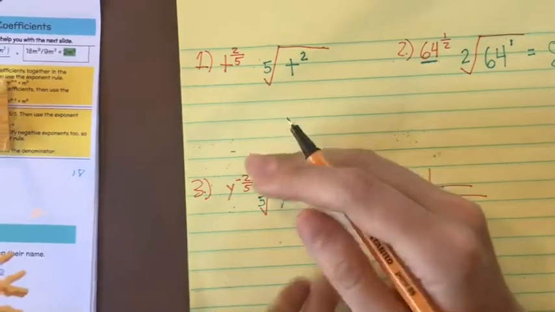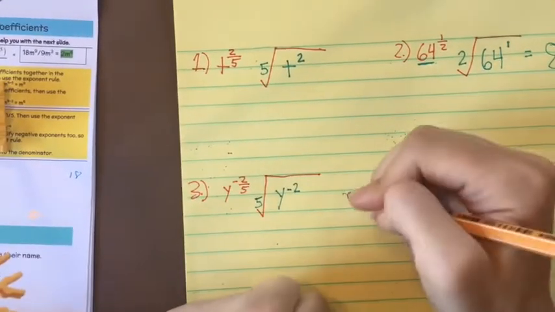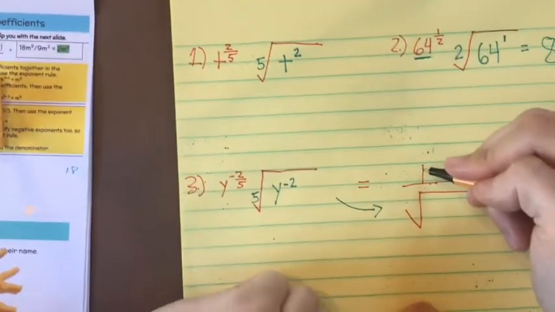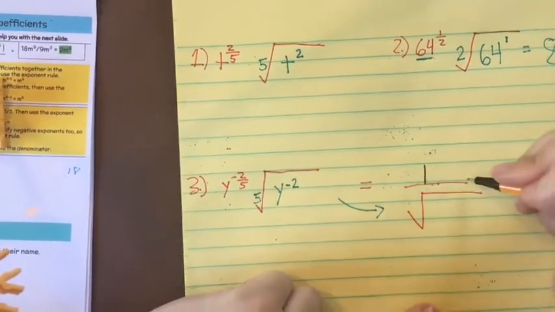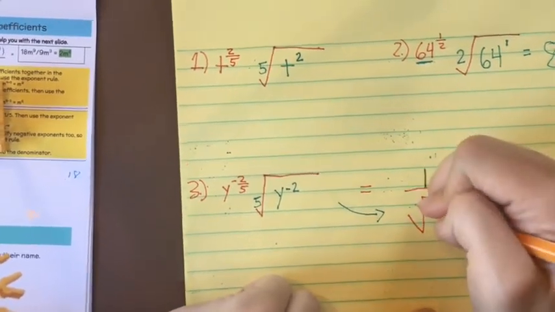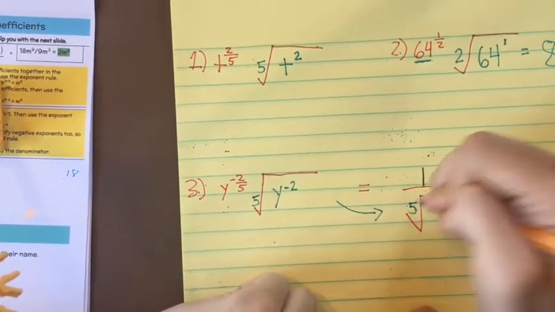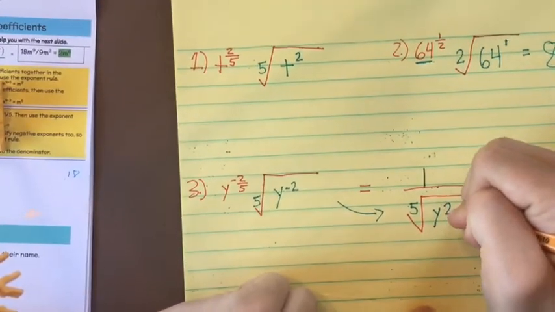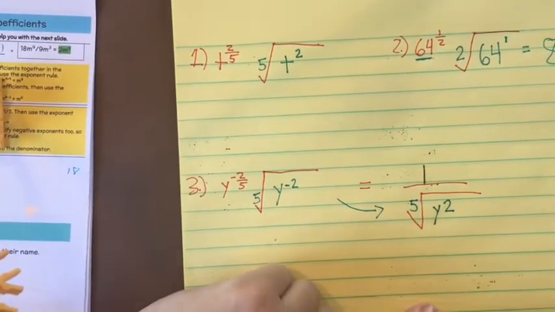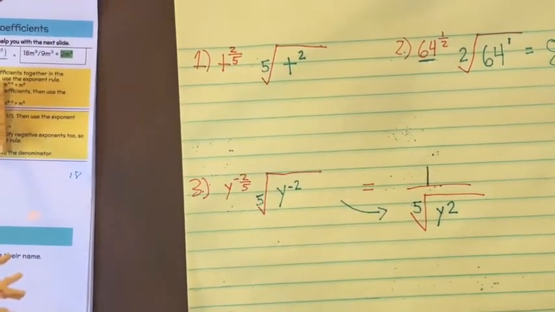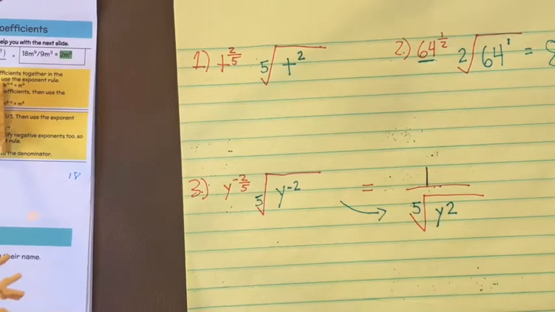We always flip it, put it over 1, reciprocate it, inverse it. So we have 1 over the 5th root of y to the second power. Okay? So that's how you do the problems on lesson number 8, slide number 6.